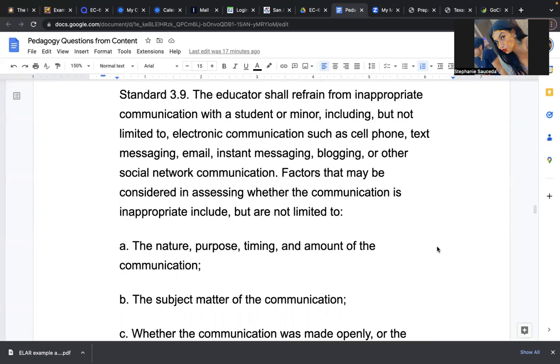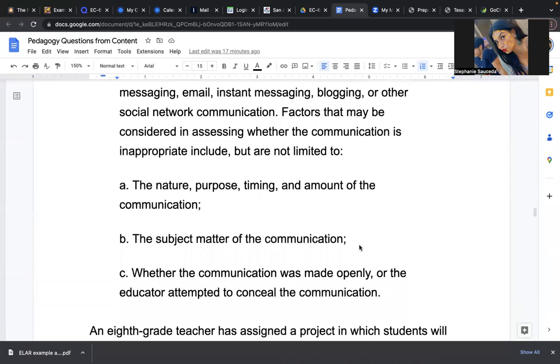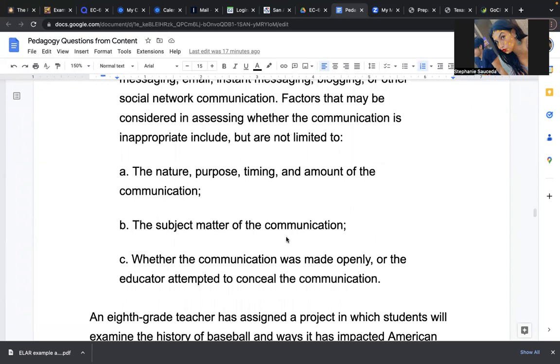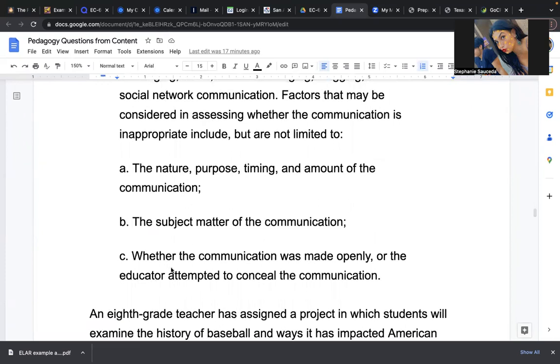Factors that may be considered in assessing whether the communication is inappropriate include, but are not limited to, the nature, purpose, timing, and amount of communication, the subject matter of the communication, whether the communication was made openly or the educator attempted to conceal the communication.